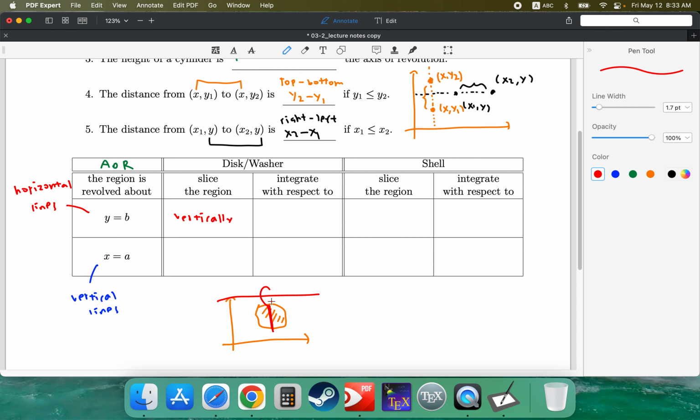That will give us a washer right here. If we slice the region vertically, then we will stack these slices horizontally. That means we need to integrate with respect to x.